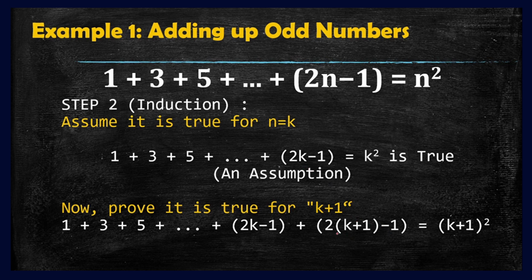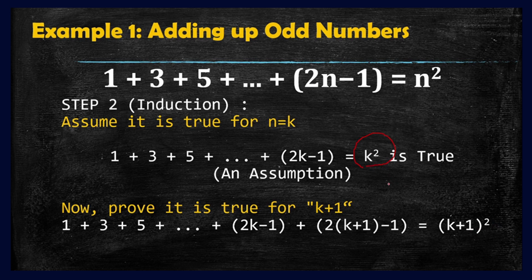So we'll have 2 times k plus 1 minus 1. Since we substituted k on the left side of our equation, we need to perform this also to the right side of our equation. So our k squared here will now become k plus 1 squared because we substituted k plus 1 to our k.